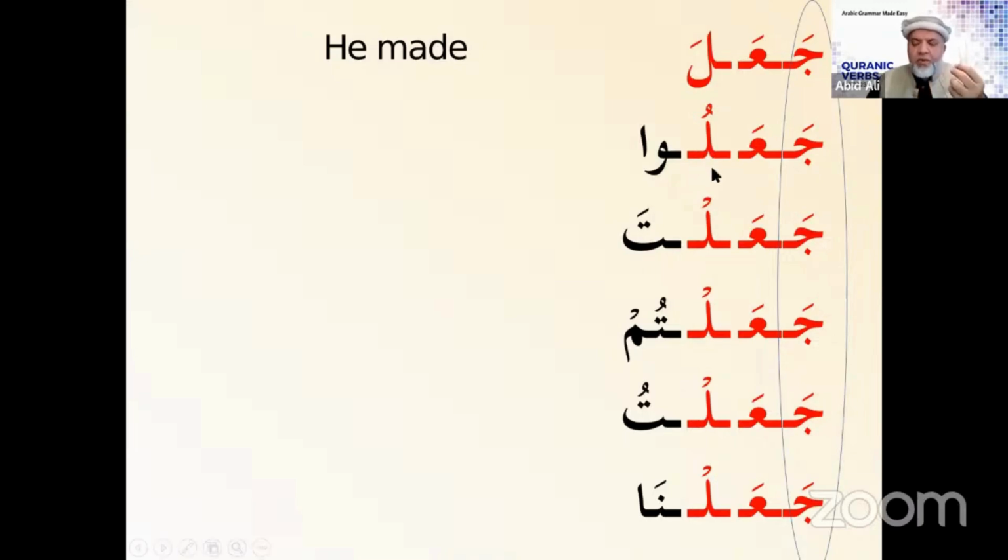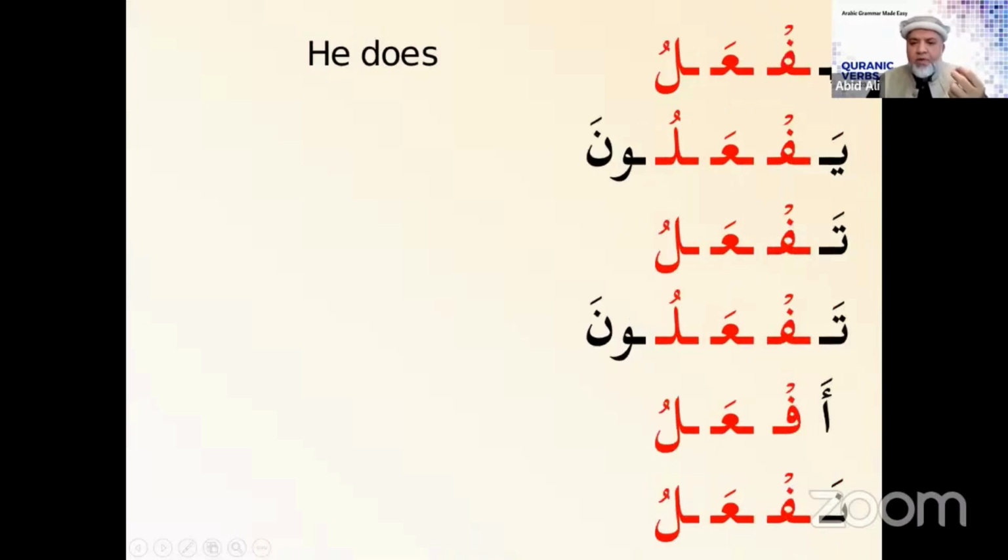Now I want to convert this into Fi'l al-Mudari. So for the third person, I'm going to say Yaf'alu, he does, or he is doing, or he will do. Yaf'aluna, they do, they will do, or they are doing. Taf'alu, you do, you are doing, you will do. Taf'aluna, you all do, you all are doing.